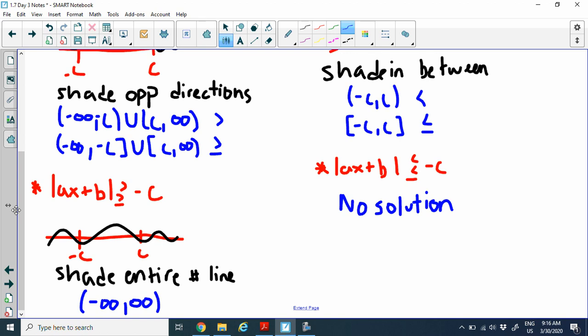Now don't forget, if it is a phrase like we did on number 3, then you actually have to work it all out to determine how to shade. So if it's an or problem, then either you will shade opposite directions or the entire number line. If it's an and problem, either you shade in between or it's going to be a no solution.